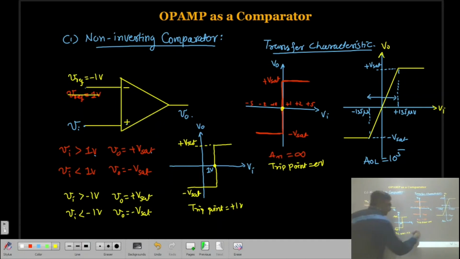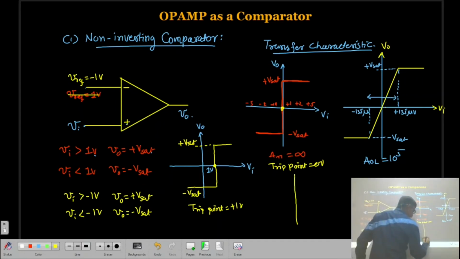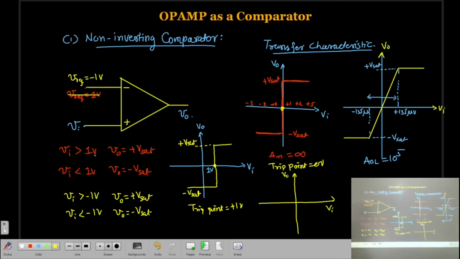So, here if we see, where is the trip point? Trip point is somewhere here, and that is minus 1 volt. So once you find the trip point, then you can easily draw this transfer characteristic graph.